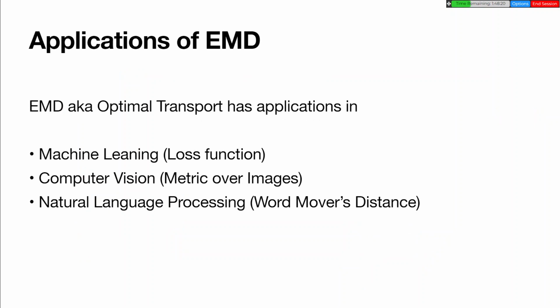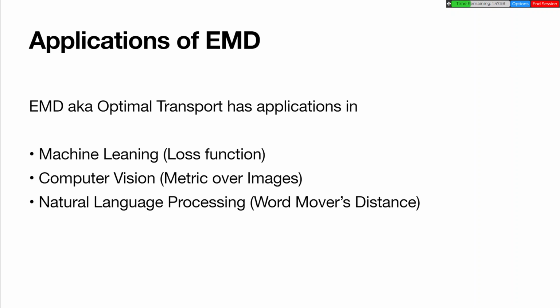If we want to compute the distance between two passages, we just see a passage as a set of words, and the words can be embedded in a metric space by what's called a word embedding, usually some deep learning machinery that maps words into vectors, and then we have a metric space over words.